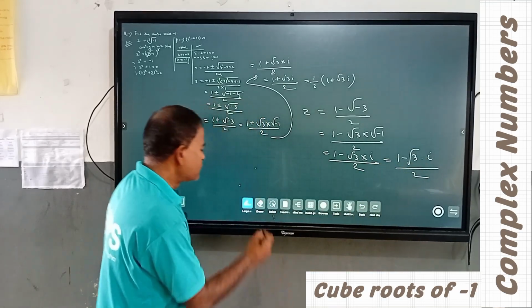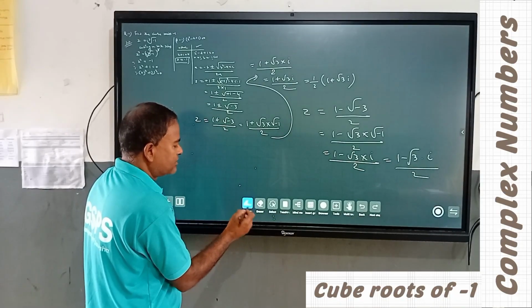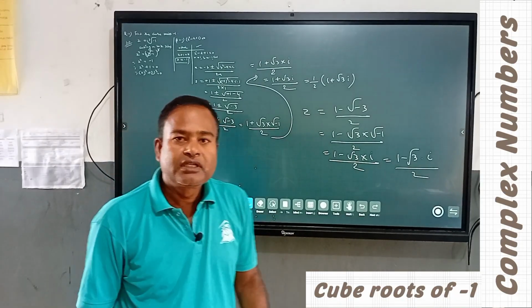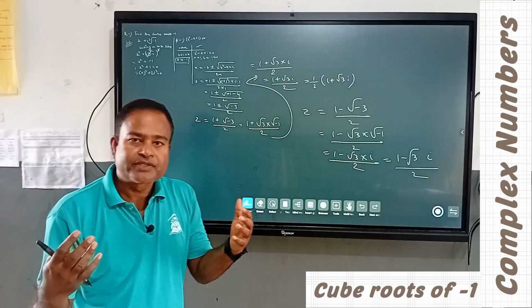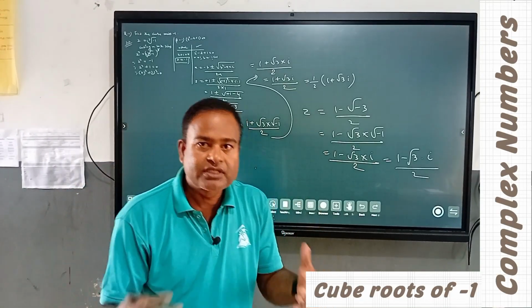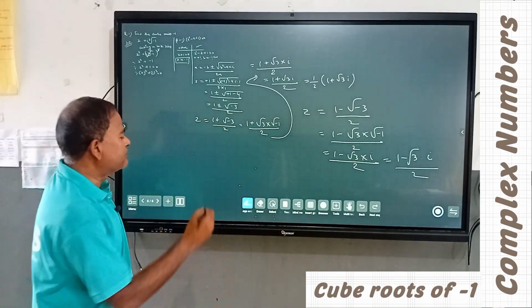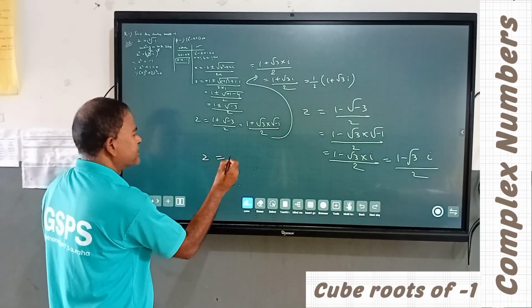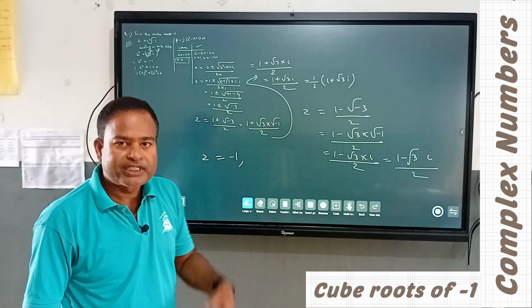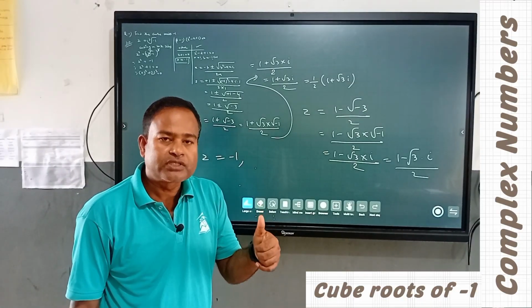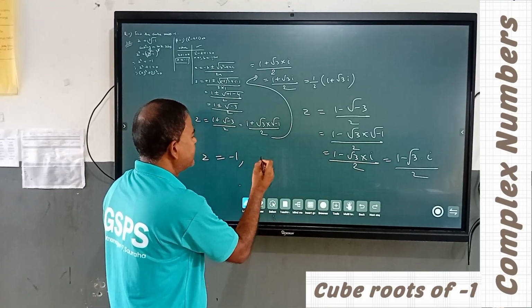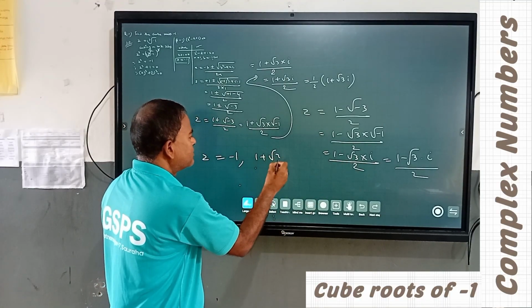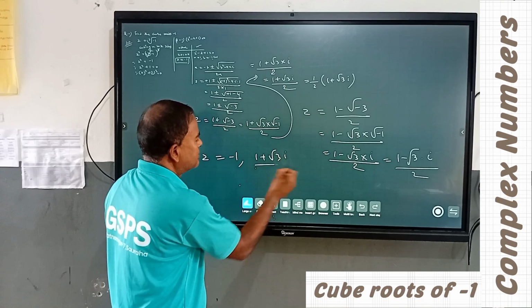Dear students, in this video we have learned how to find the cube root of -1, which is not possible in the real numbers alone. The first cube root of -1 is -1, a real number, and the other two roots are in complex number form.